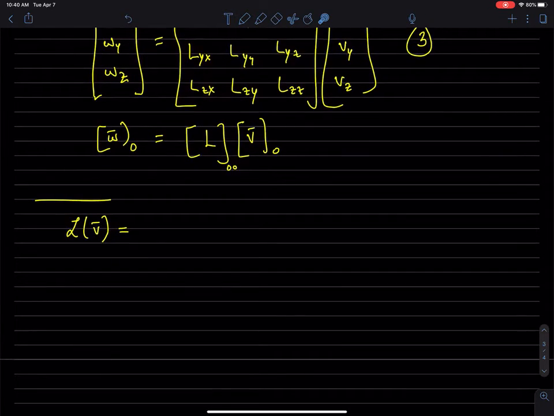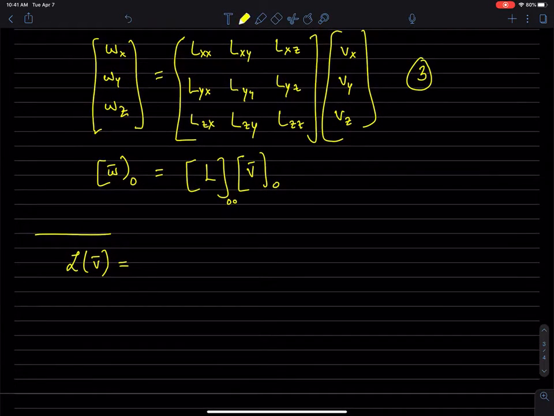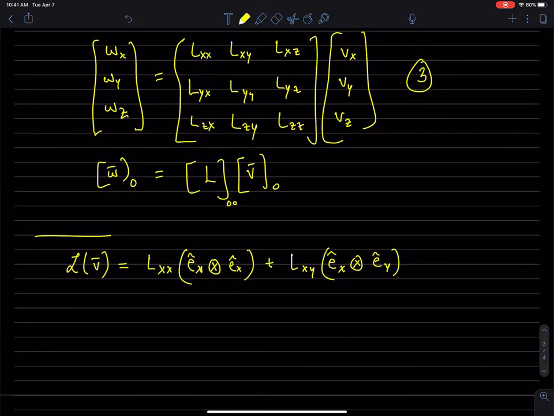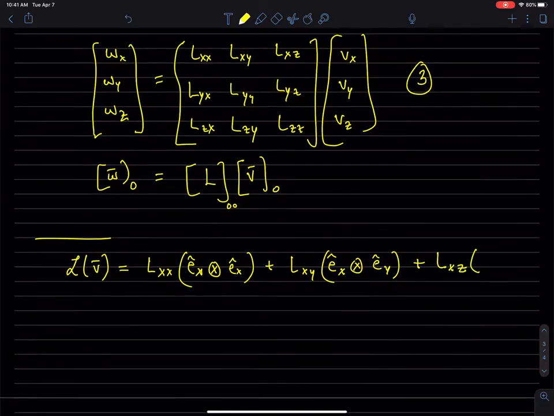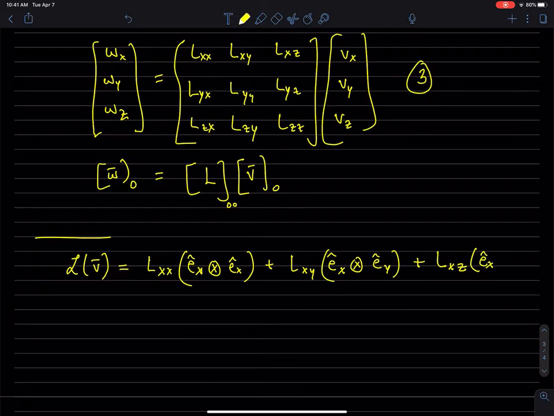So what this is going to look like is essentially Lxx Ex, plus Lxy Ex outer product Ey, Lxz. I'm writing this in a different order intentionally, but that's okay because the order doesn't matter.